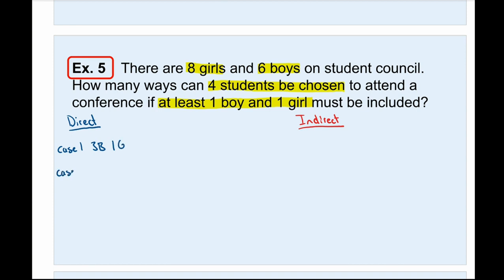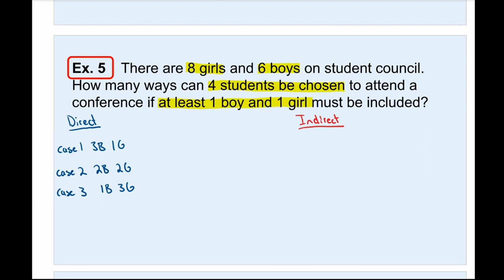Case 2, 2 boys, 2 girls. And case 3, 1 boy and 3 girls. So those are the different scenarios that I could have, under the restriction that there's at least 1 boy and 1 girl and 4 students are being chosen.